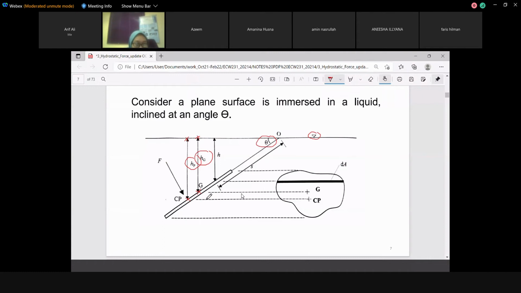Okay, bersudut tepat kepada plane. Sama juga, if you have a vertical plane, force dia mesti perpendicular to the plane. If horizontal plane, the force must be perpendicular to the immersed object ataupun immersed structure.